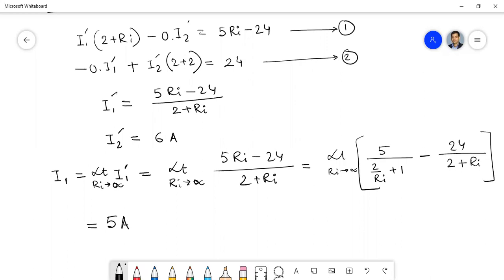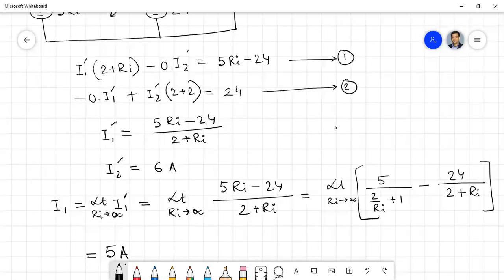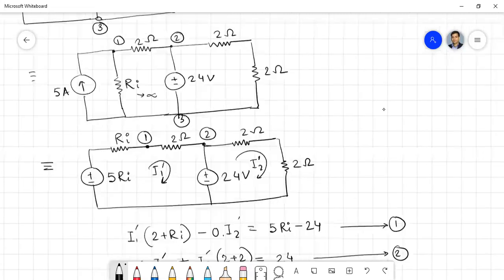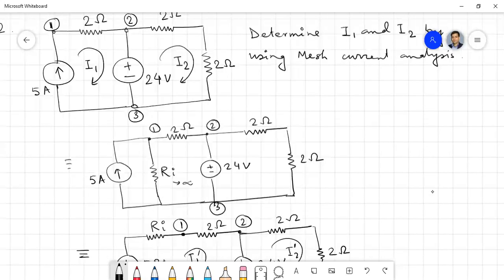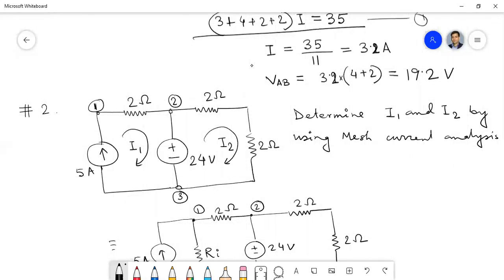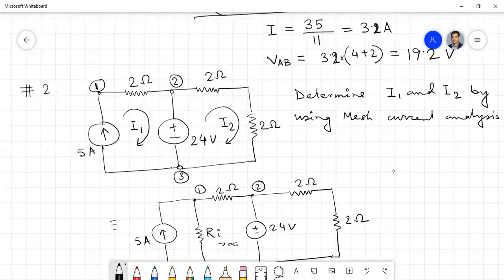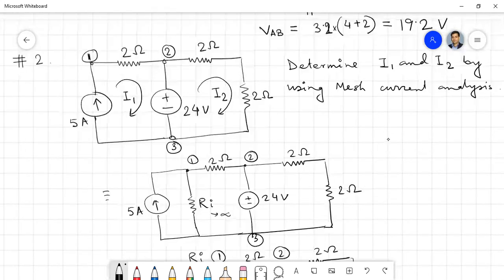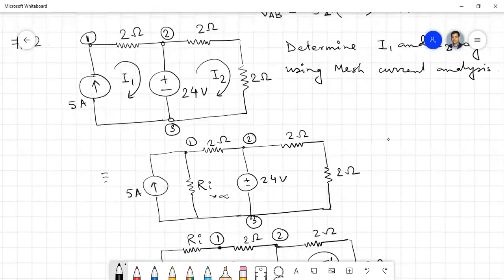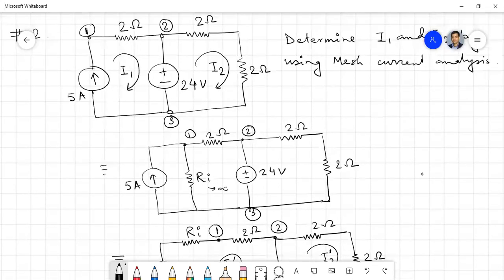So this is how we can prove that if we have a current source without any parallel resistance and a loop directly connected, so the loop current will be the value of the current source itself. Got the point?